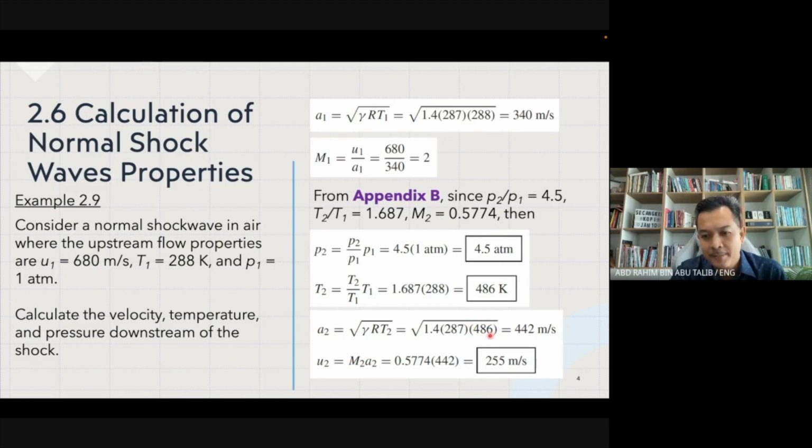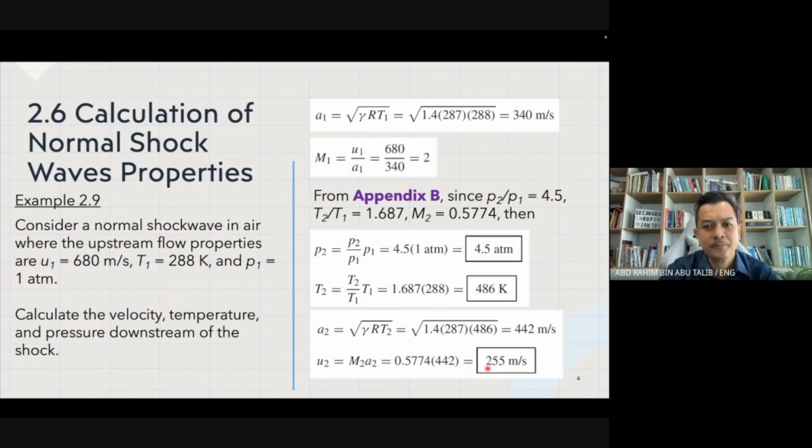Okay, so because you already know the temperature, which is 486 Kelvin, using the same expression here to find U2, we rearrange that: U2 equals M2 times A2. You already have the value of M2 from Appendix B at Mach number equal to 2, and then times the velocity of sound at point 2, you will obtain velocity at 2 to become 255 meters per second.